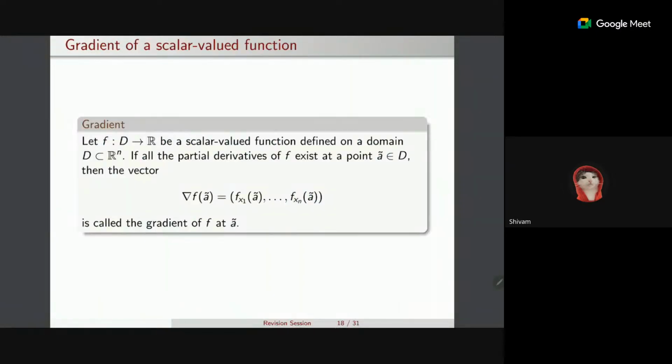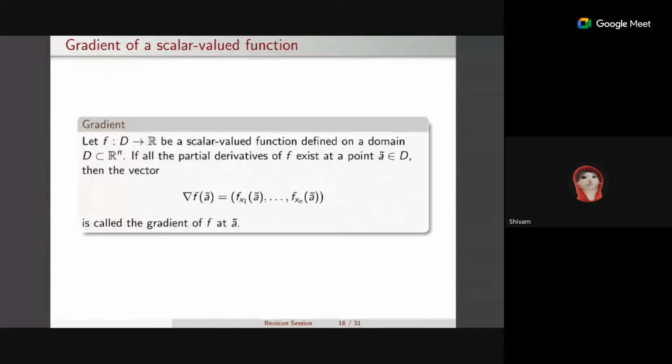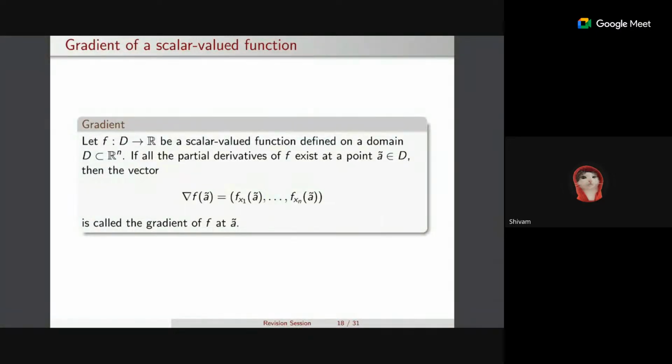Next, we have the concept of the gradient of a function. The gradient of a multivariable function is just the vector that is obtained by putting together all the partial derivatives. So, of course, the requirement is that the partial derivatives must exist. If the partial derivatives do exist, then this is called the gradient at that point.